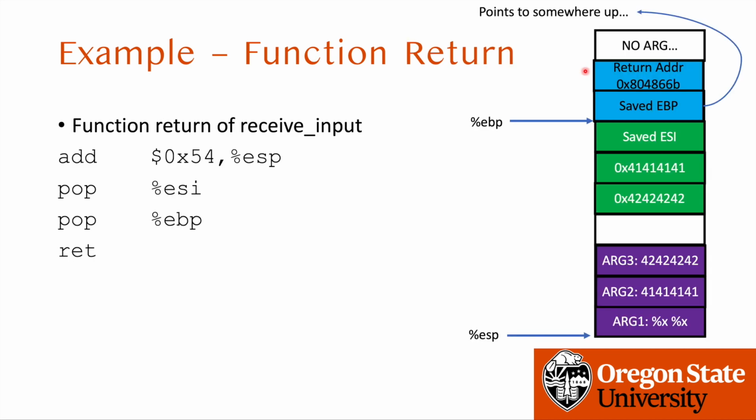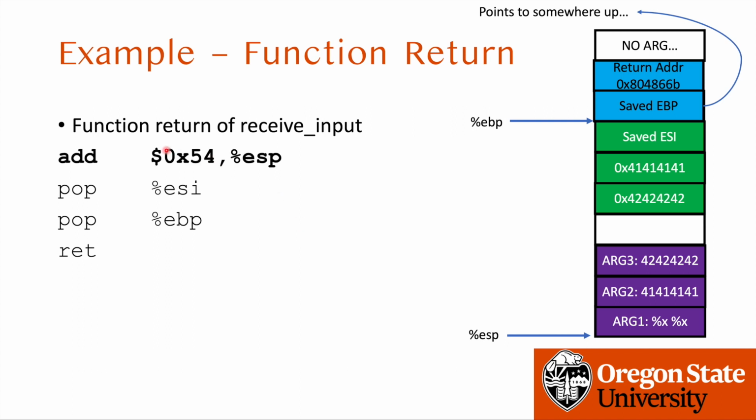Then next, let's take a look at how function return works. We will see how the receive input returns to the main function from this stack frame. The following 4 instructions are at the end of the receive input, so we will just follow the execution of them.